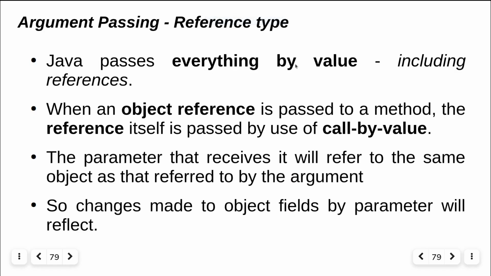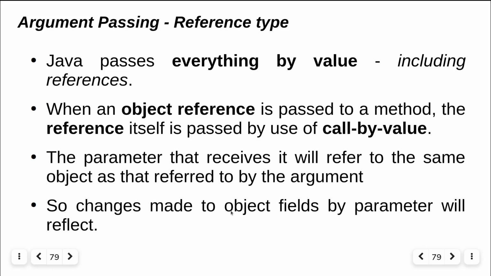Java passes everything by value, including references also. When an object reference is passed to a method, the reference itself is passed by the call by value. The parameter that receives it, in our case that is D, will refer to the same object as that referred to by the argument. Our argument is myDog. Both are referring to the same object.